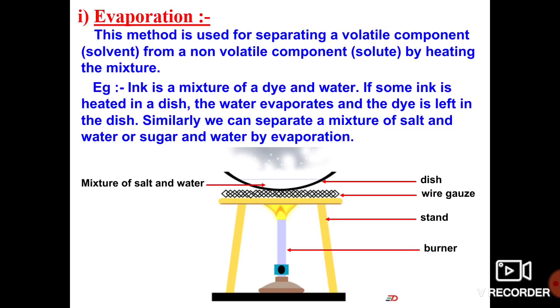After a few minutes, the water will start boiling. That boiled water will form evaporation. And finally, the dissolved salt will remain and settle at the bottom of the vessel. So, like this, we can easily separate mixtures through evaporation.